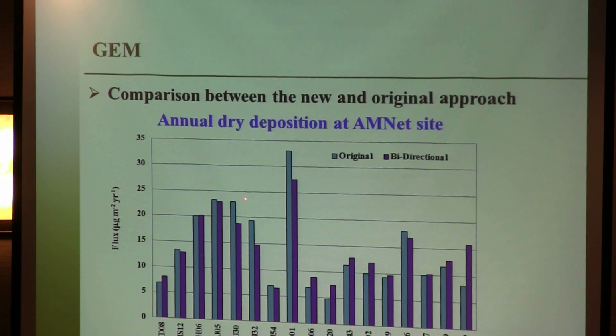These are the results. The original one on the left is the original net dry deposition shown in the 2012 paper. And using a bidirectional approach, we get very close results at most of the sites. There's one that has a large difference.